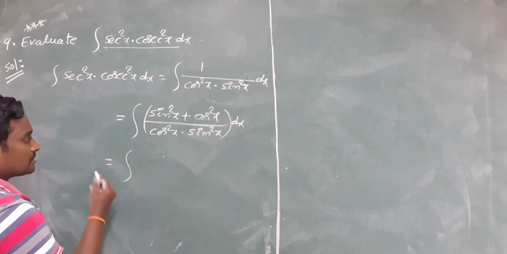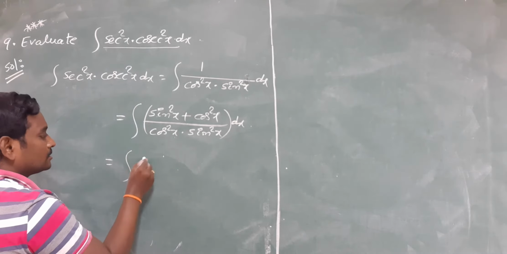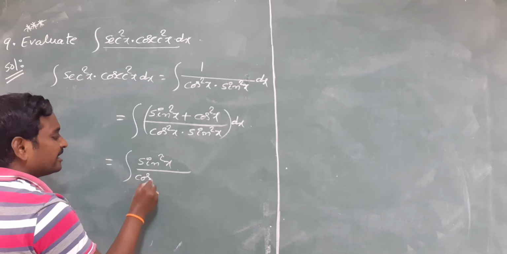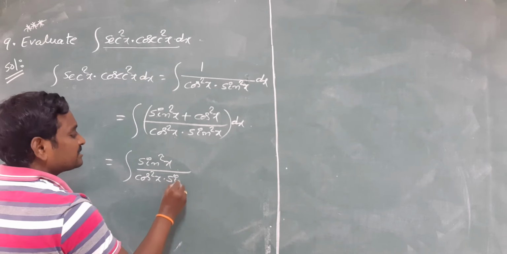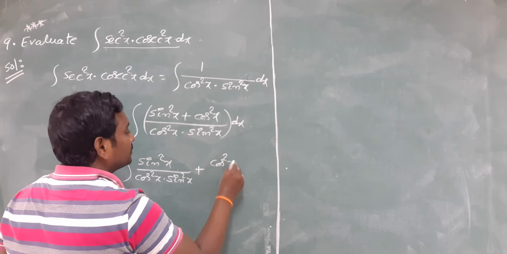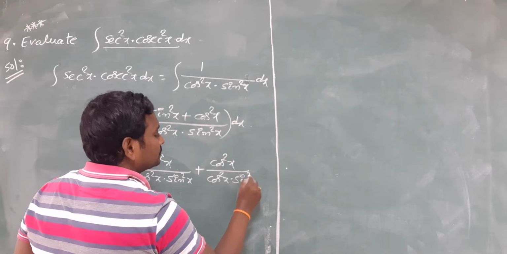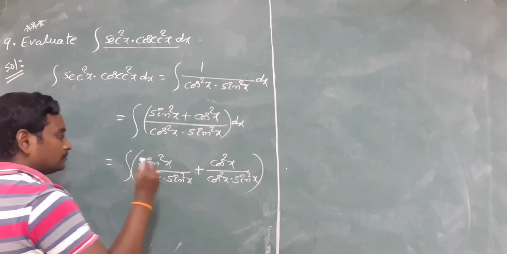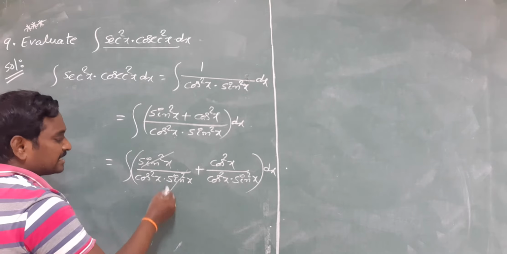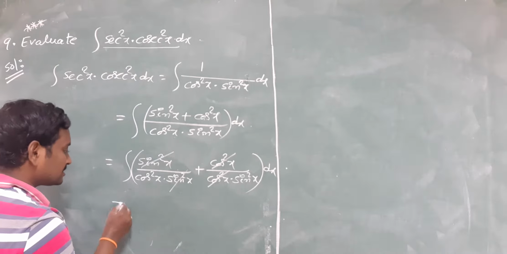Now separate the terms, this term by the denominator and this one by the denominator. So you will get sin square x whole by cos square x into sin square x, plus cos square x whole by cos square x into sin square x, whole dx. We are observing that sin square x and sin square x get cancelled and cos square x gets cancelled.